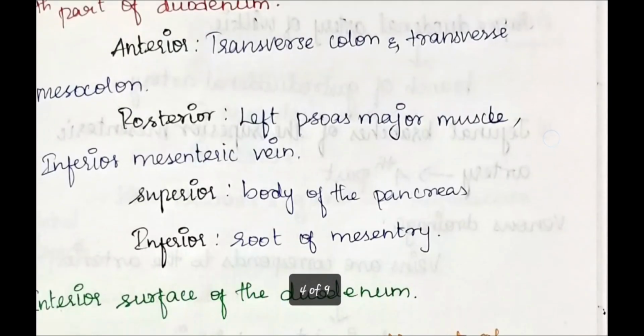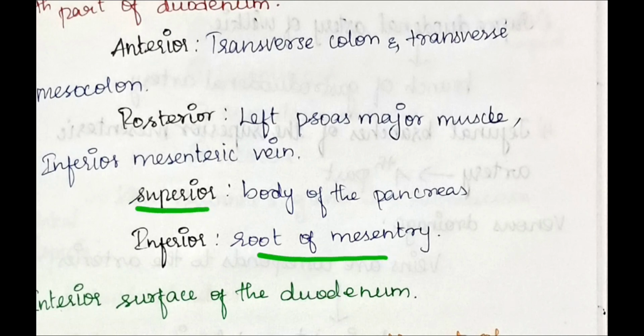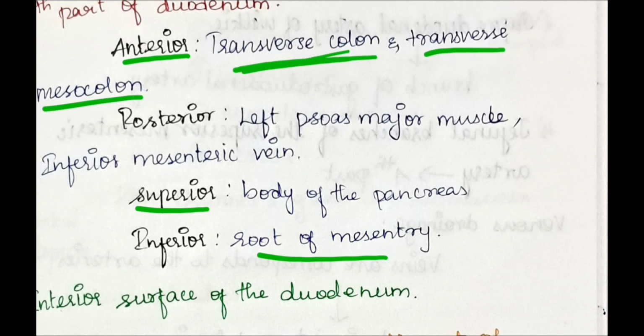Coming to the fourth part relations, superiorly, as I said, the body of the pancreas will be presented. Inferiorly, root of mesentery. So these are the superior and inferior relations. Coming to the anterior and posterior, anteriorly we have transverse colon and transverse mesocolon. So the transverse colon is the organ. The mesentery associated with the transverse colon is referred to as the transverse mesocolon.